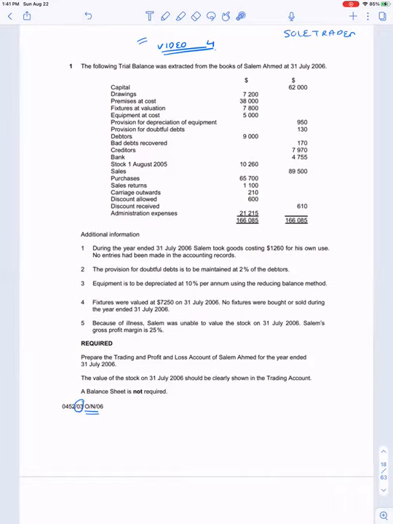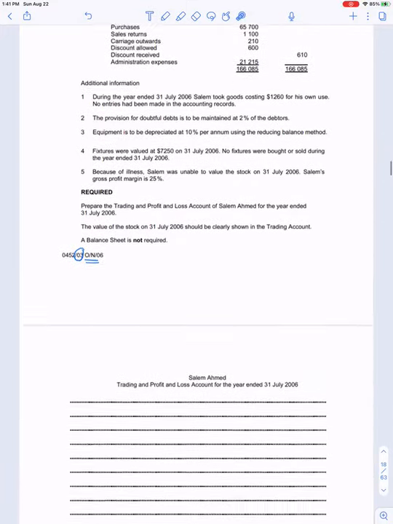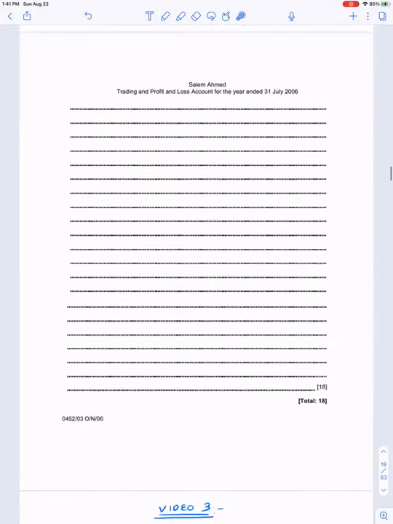We are supposed to prepare a trading and profit and loss account of Salim Ahmed for the year ended 31st July 2006. Before I even read the question, I know that when I'm asked to prepare a trading and profit and loss account, I follow the format.